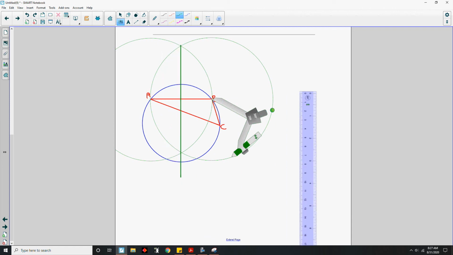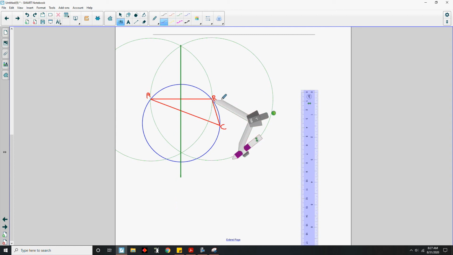And then if I do the same, let's now change my color to purple, because we have a red triangle. Okay, so now I have my compass centered at B, radius BC, and I'm going to draw a circle.